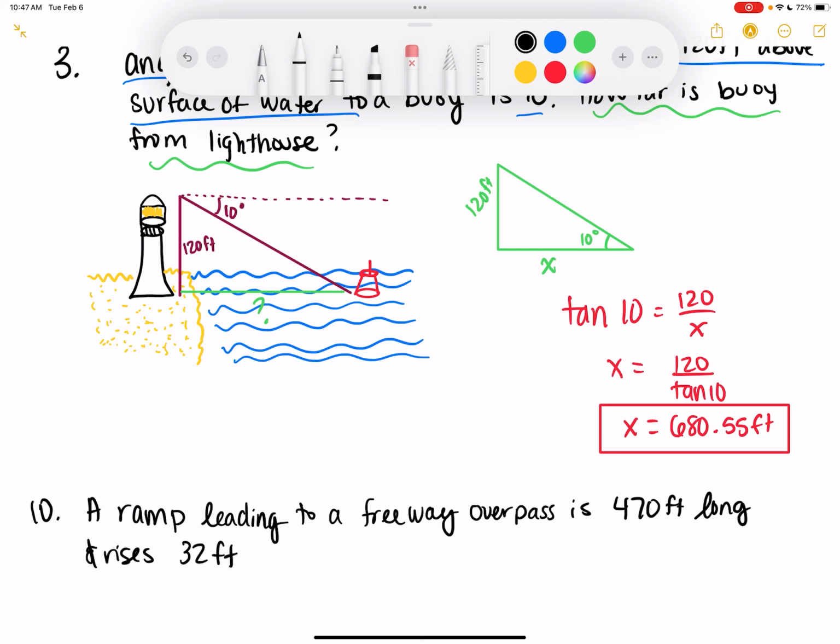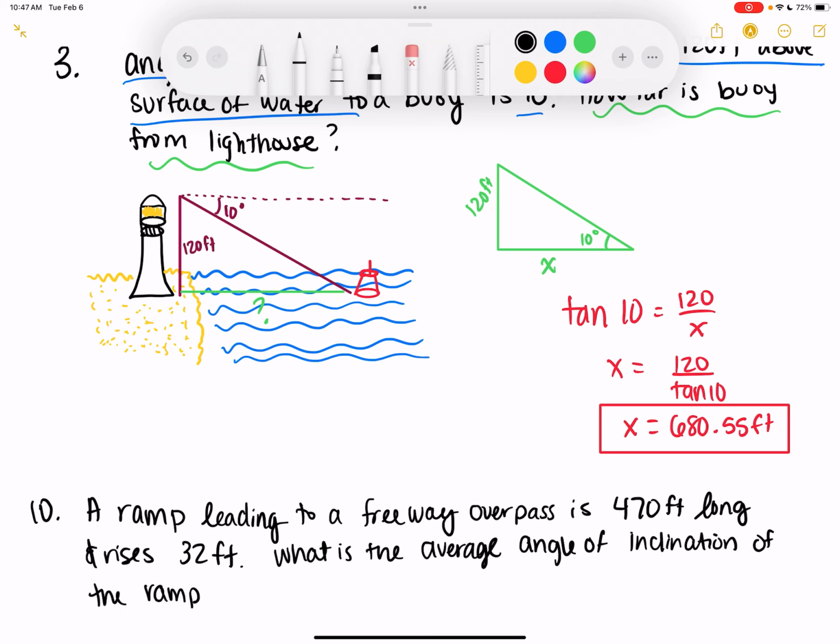What is the average angle of inclination of the ramp to the nearest tenth of a degree?